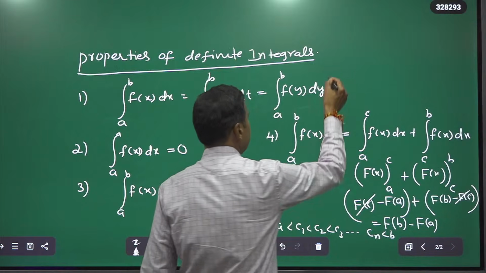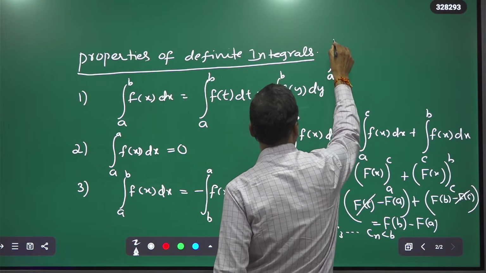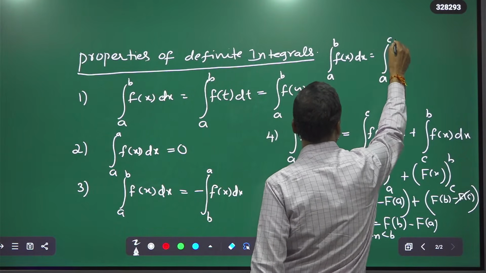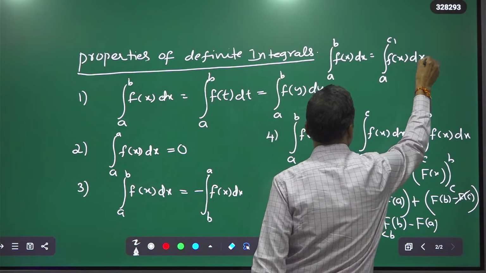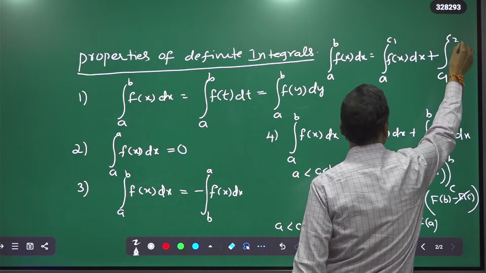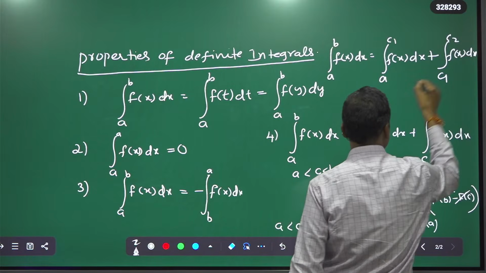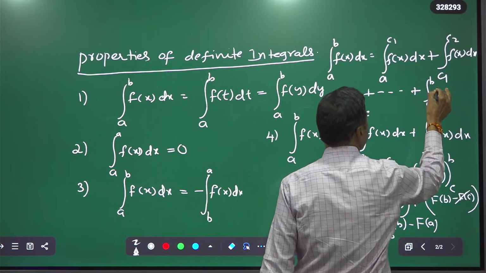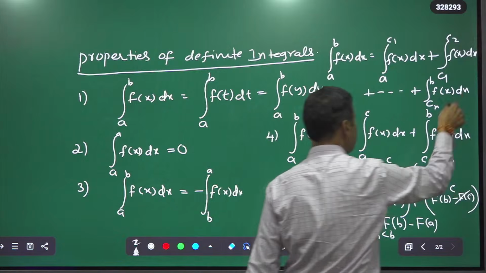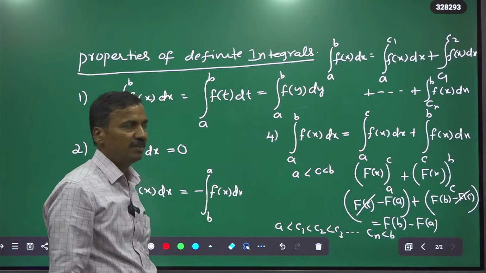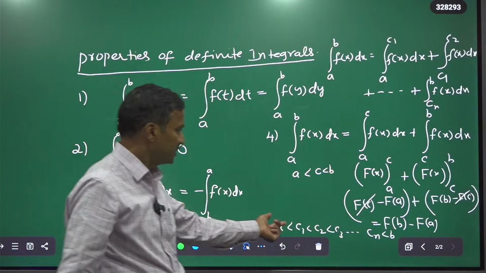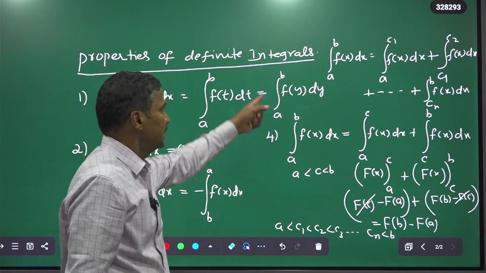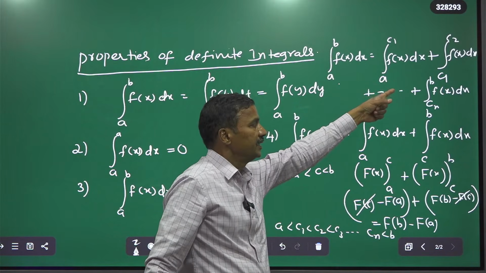Then the integral of a to b f of x dx can be written as the integral of a to c1 f of x dx plus the integral of c1 to c2 f of x dx, and so on, plus the integral of cn to b f of x dx. Like this we can split into n integrals, where c1, c2, c3 and cn are real numbers between a and b.